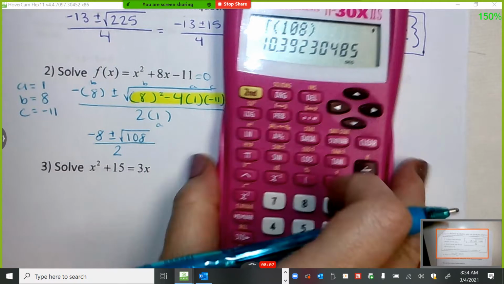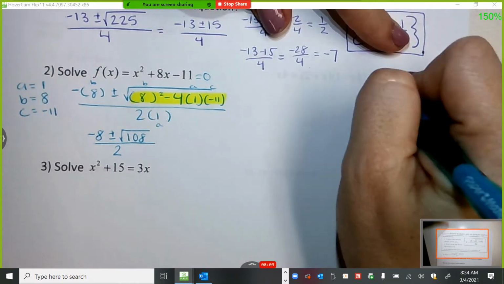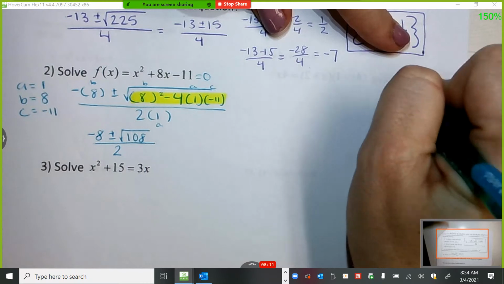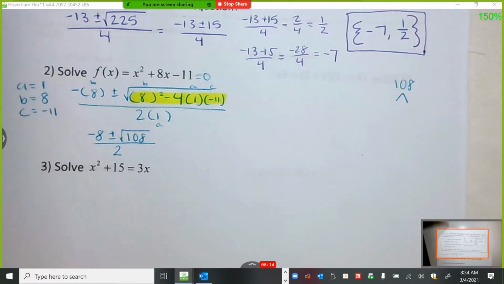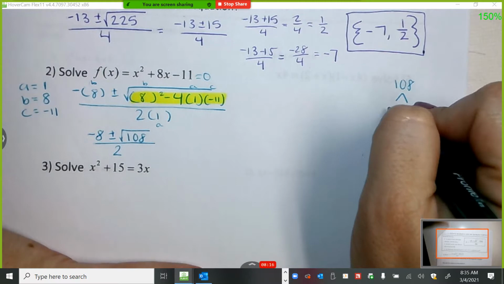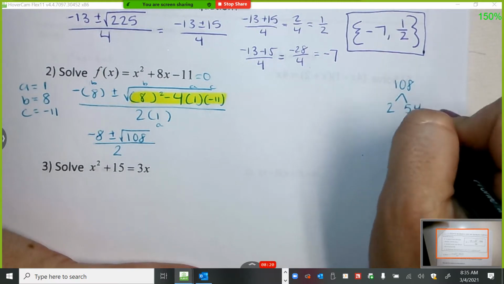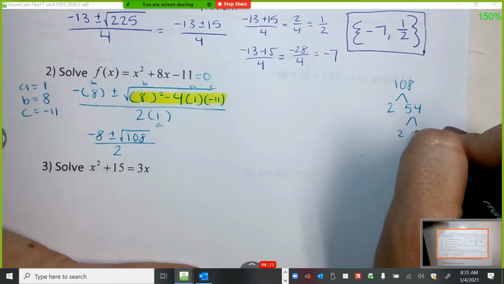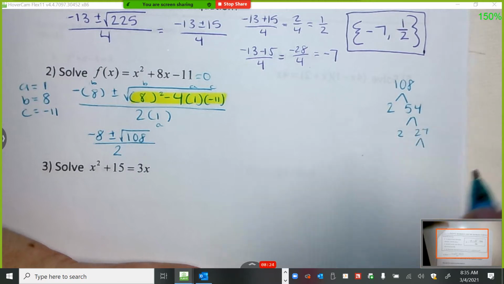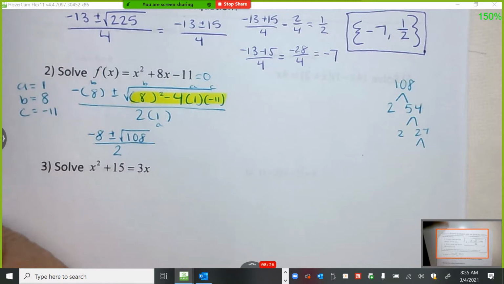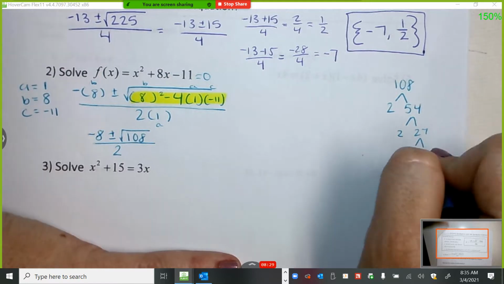But unfortunately, we're going to have to do like we learned, and we're going to have to simplify 108. So what goes into 108? Does 2 go into it? How many times? 54. 2 goes into 54 27 times. Does 2 go into 27? But 3 does. 9 times.